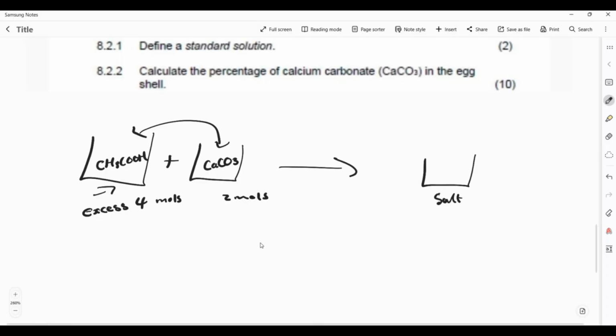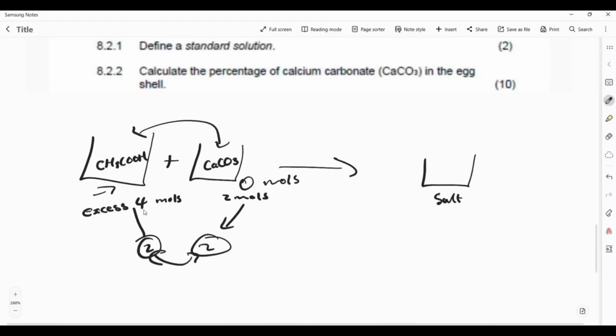So when they react, the calcium carbonate is going to donate its 2 moles over there, and our acetic acid will also donate 2 moles. When they donate those 2 moles, they react with each other and use each other up. This guy will be left with 0 moles because it has reacted with all of its 2 moles.